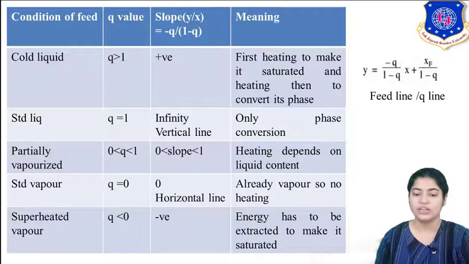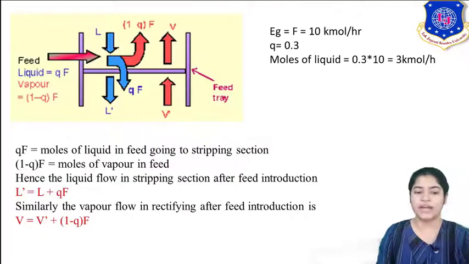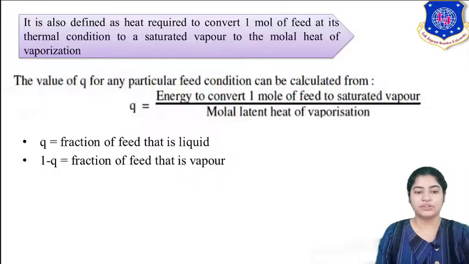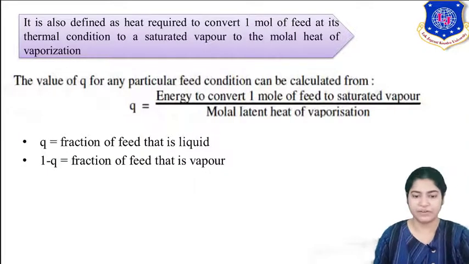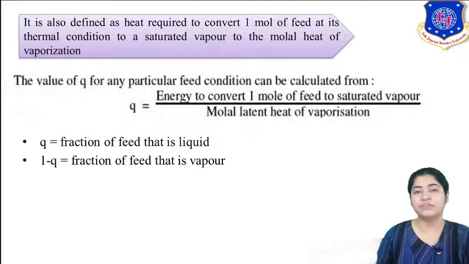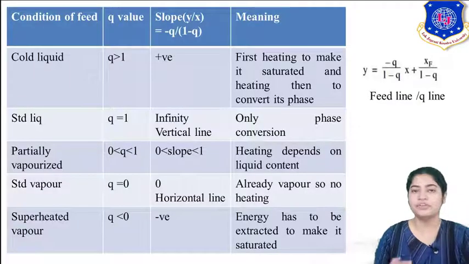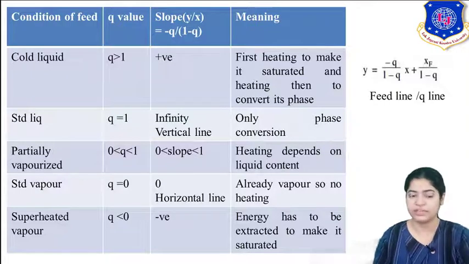If your feed is saturated vapor, it means the q value is 0. The significance is that it is already saturated vapor. We discussed from the q-line definition that it is the energy to convert 1 mole of feed to saturated vapor upon the molar latent heat of vaporization. If your feed is already saturated vapor, no heat has to be given, hence q equal to 0.